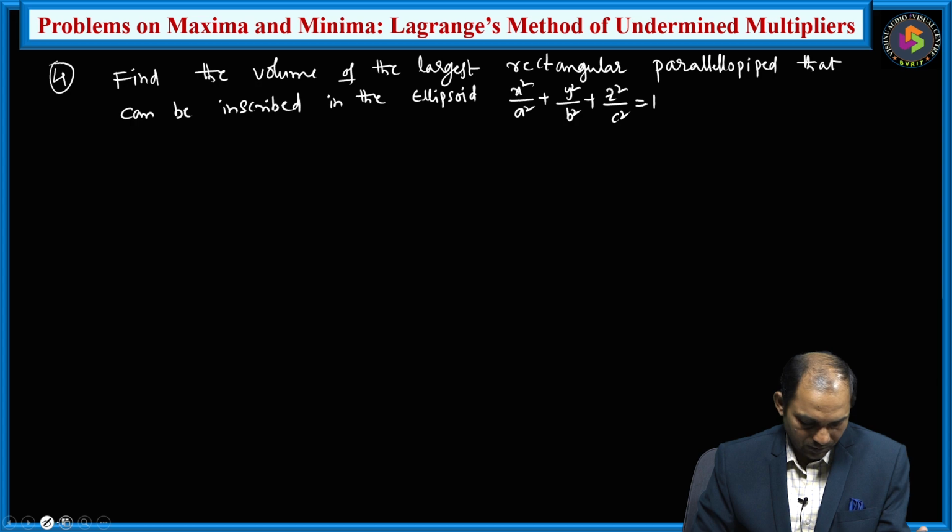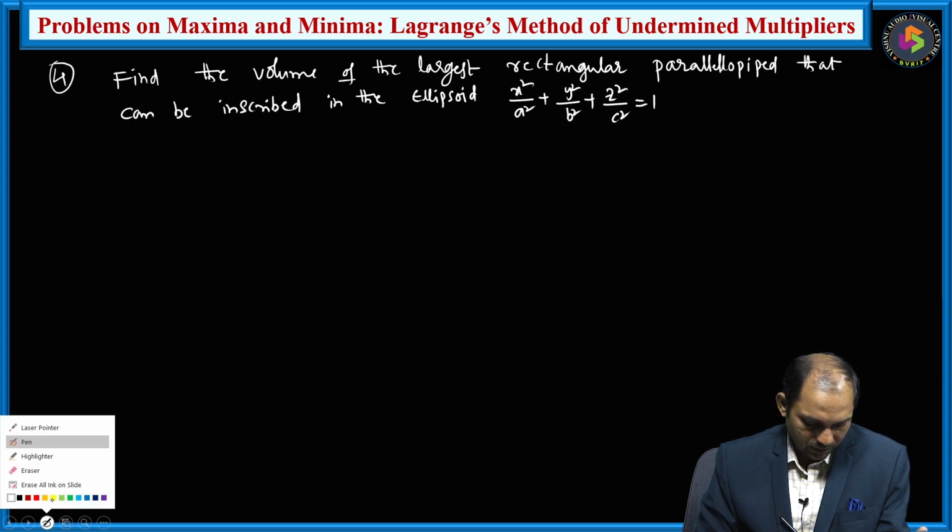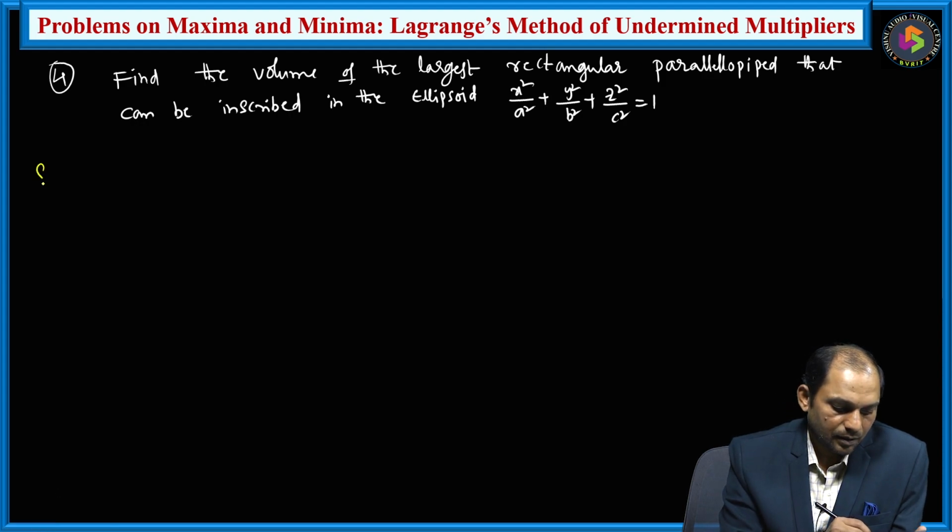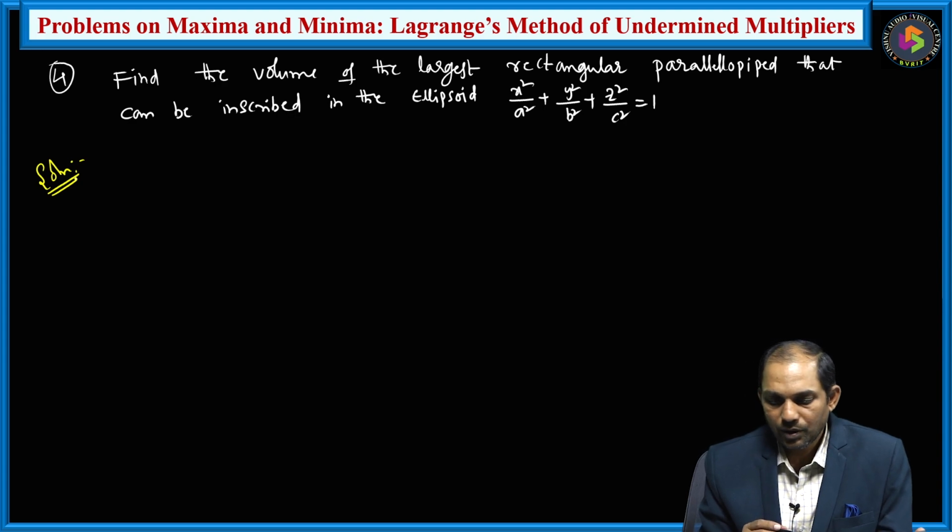We will try to find out the dimensions of the volume by using Lagrange's method, and then we compute the required volume for the rectangular parallelepiped.